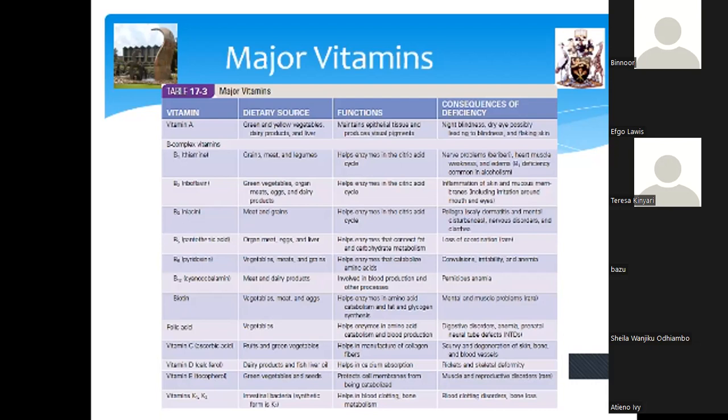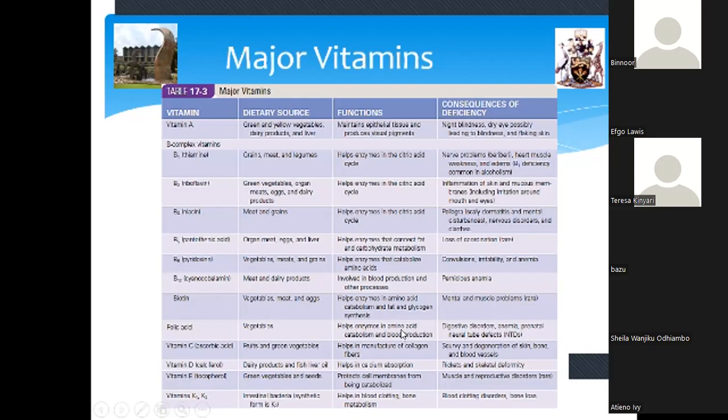You need both B12 and folate to be able to make blood. So usually for patients with anemia, you want to encourage them to take a lot of cyanocobalamin and folic acid so that they can make more blood and improve their hemoglobin.